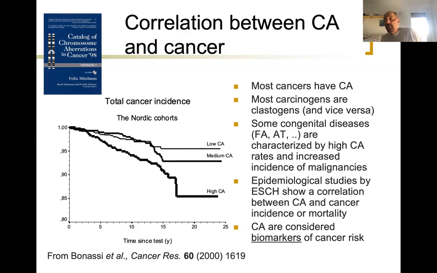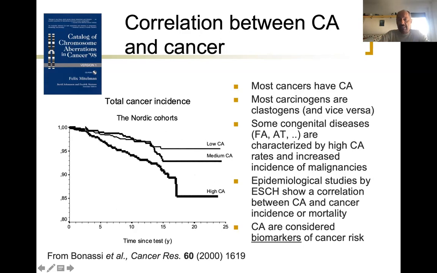However, if you look at the chromosomal aberrations in the blood of normal individuals, this is an old epidemiological study, actually. This was done in Scandinavia. They looked at chromosomal aberrations in the lymphocytes, and they divided a large population taken from many labs into those with a high chromosomal aberration number, mid and low.